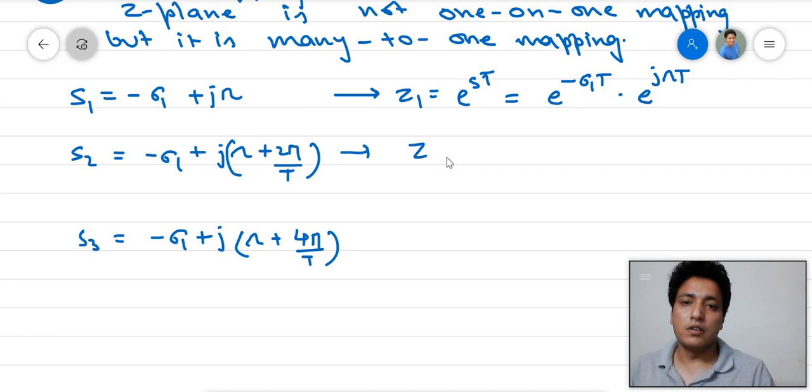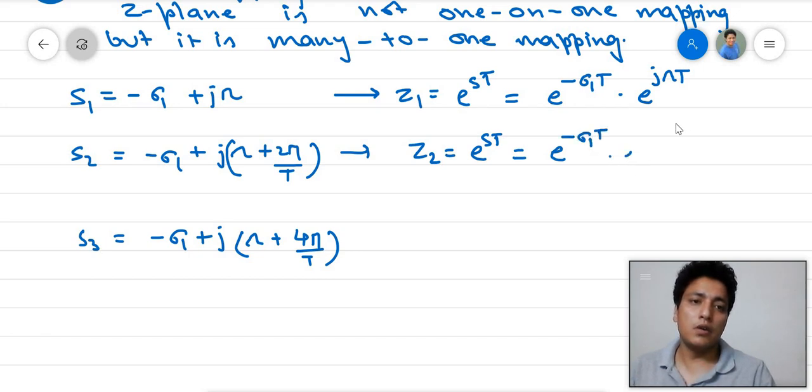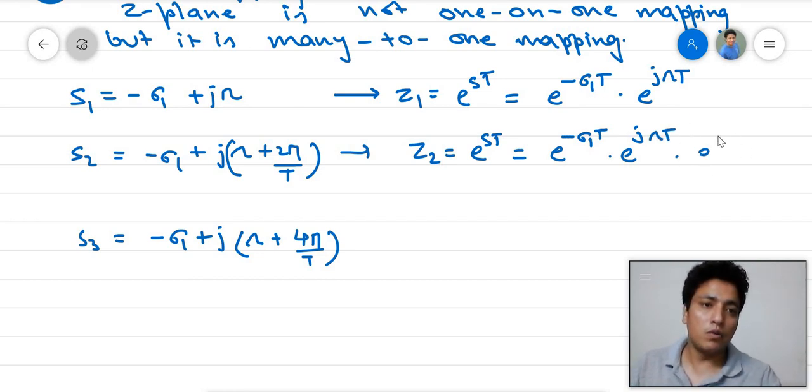Then Z2 is exponential S2 t, which is exponential minus sigma 1 t into exponential j omega t into exponential j 2 pi by t into t.